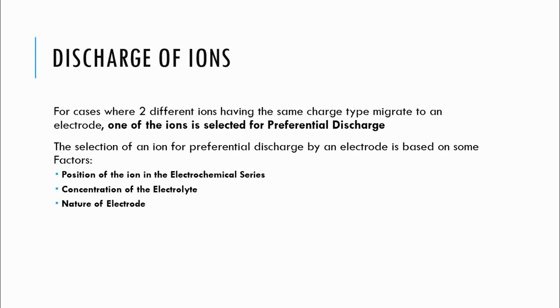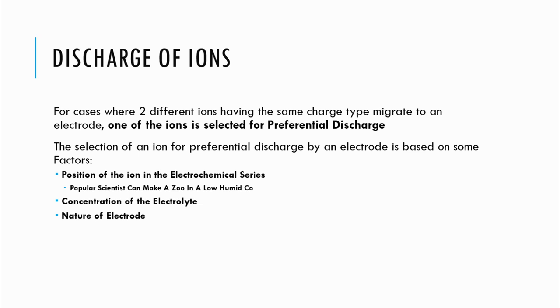I use the mnemonic, so let me just drop the mnemonic for the electrochemical series here, so that when you see it, you can just follow along with it. There's a lot of mnemonics for this thing, so I'm trying to give you the simplest one.